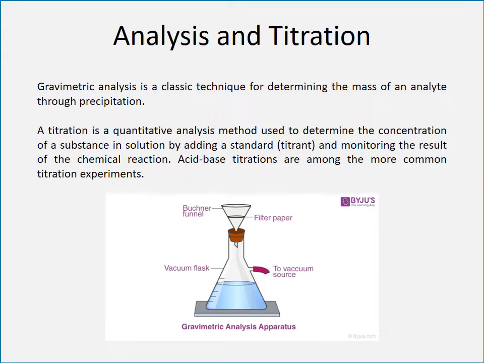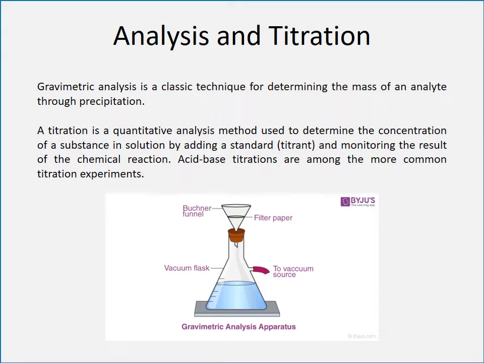Titration, in another form of analysis, is a quantitative method used to determine the concentration of a substance in a solution by adding a standard, or the titrant, and monitoring the result of the chemical reaction.